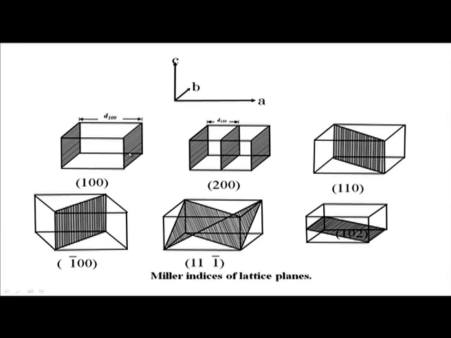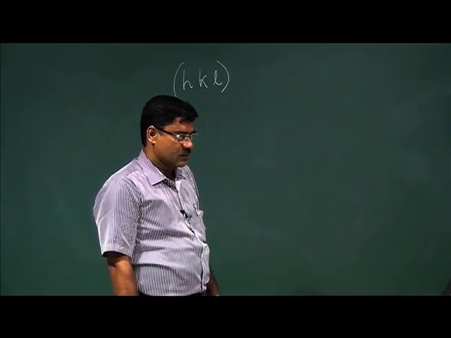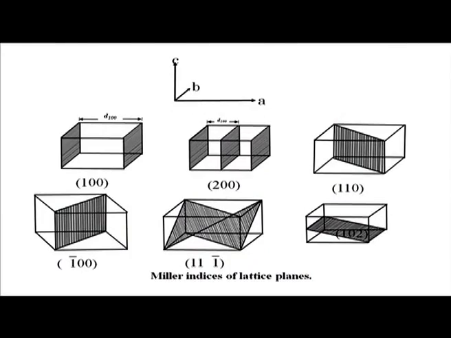This plane intersects only the a axis, right. So, it intersects at 1a, then b and c axis it intersects at infinity. So, 1 by 1, 1 by infinity, 1 by infinity. That will give you (1 0 0).